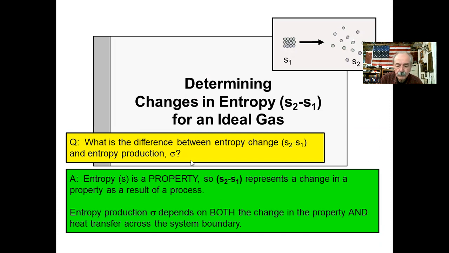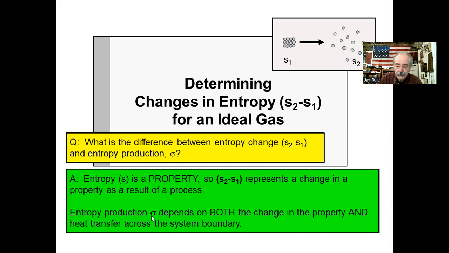So what's the difference between entropy change, S2 minus S1, and entropy production, sigma? That confounded me for a good long time until I dug down and got a much better understanding of those two different categories. Okay. Entropy is a property, S, similar to internal energy, enthalpy, pressure, temperature, specific volume. All those are intensive properties.